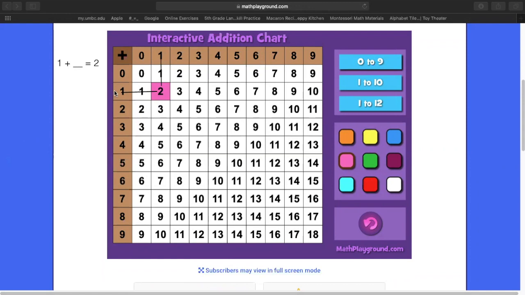It touches 5. Now, what number is that? What number is this? 1. Yeah. 1. Whoa, so we found the blank spot should be a 1. Wow, that's our answer. 1 plus 1 equals 2.